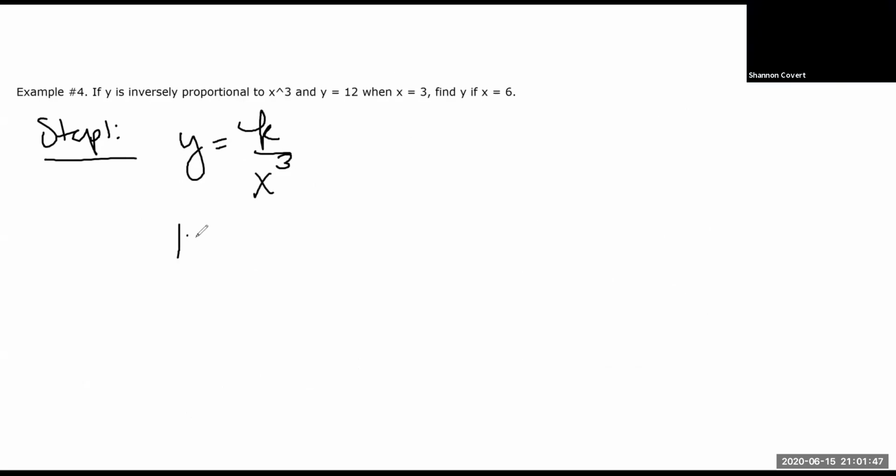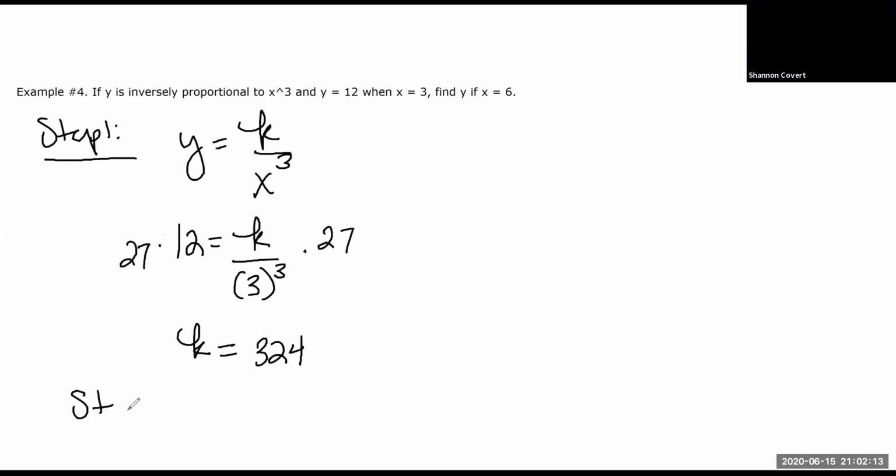I'm going to replace y with 12. 12 equals k over, replace x with 3, k over 3 cubed. Multiply both sides times 27. K equals 324.